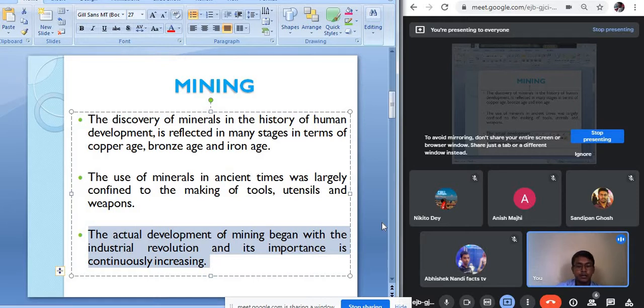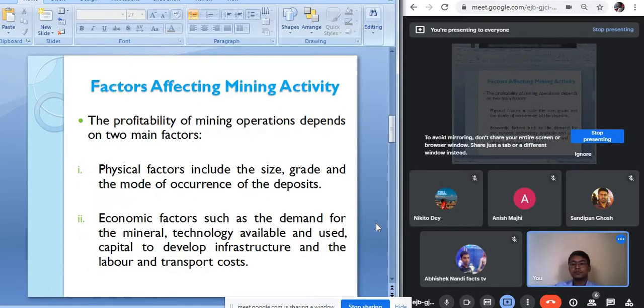During the time of the industrial revolution, more and more of these minerals were utilized by the industries for manufacturing various kinds of industrial products. So we can say that mining activity gained importance only during the industrial revolution because of the increasing need and use of minerals.